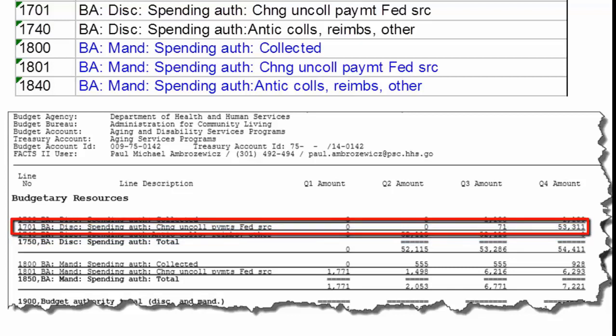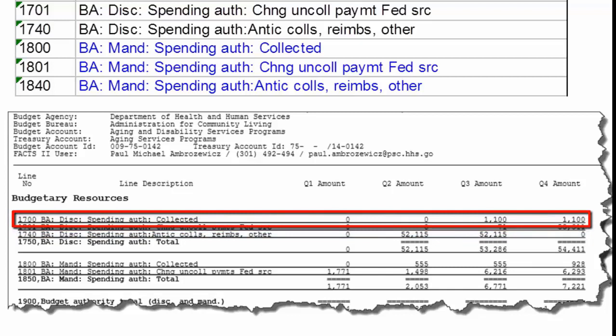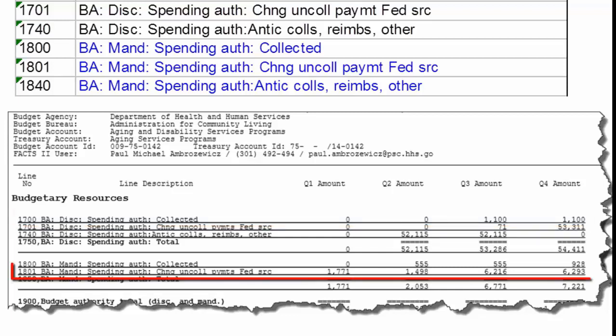The receivable is $53.3 million, and $1.1 million has been collected. Some mandatory reimbursements are reflected as receivable on line 1801 rather than as anticipated on line 1840. That's because these are trust fund transfers mandated by law and as such are considered receivable by definition.